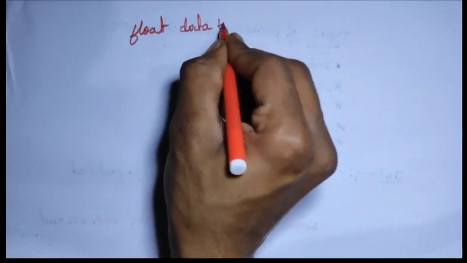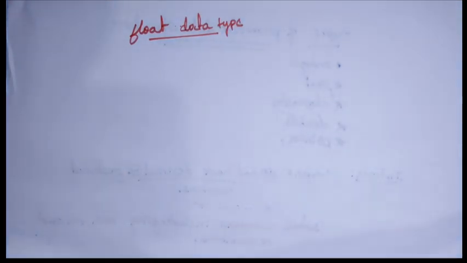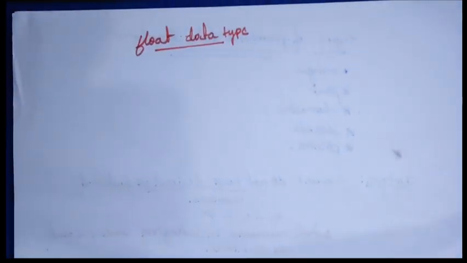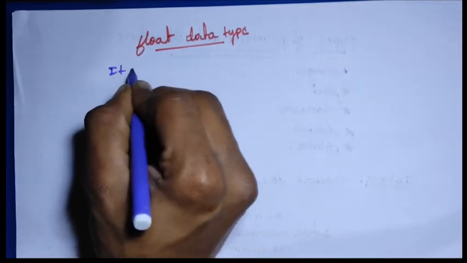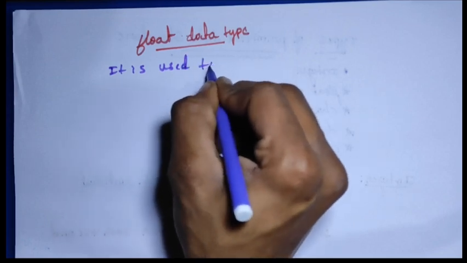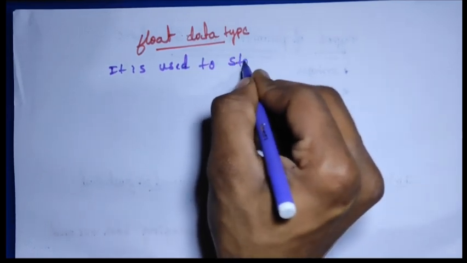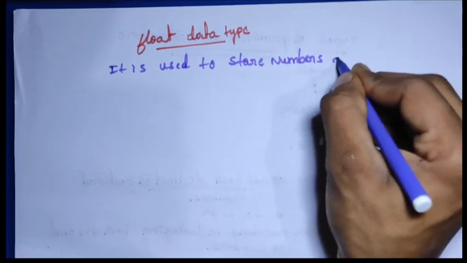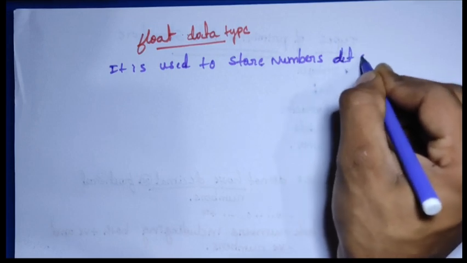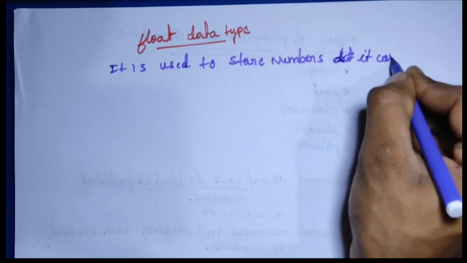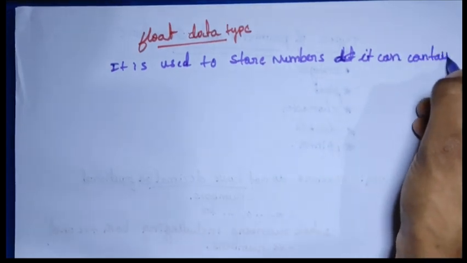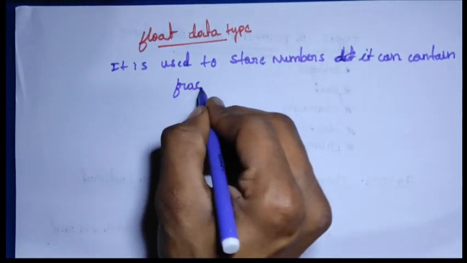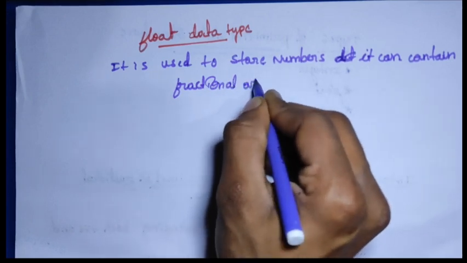The float data type is used to store numbers, and thus it can contain fractional or decimal numbers.